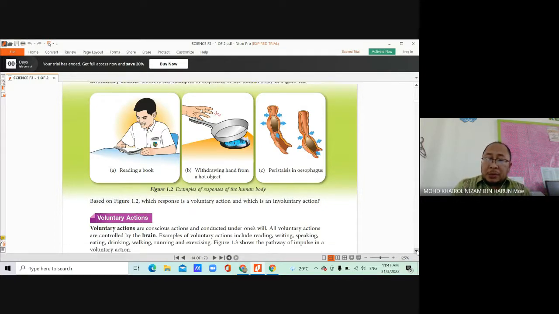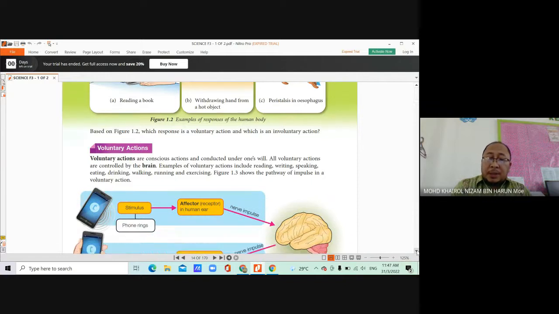Okay, now what is the meaning of voluntary action? Voluntary action is a conscious action, tindakan yang sedar dan terkawal, and can be controlled by our body. We know the action and we can control that action.